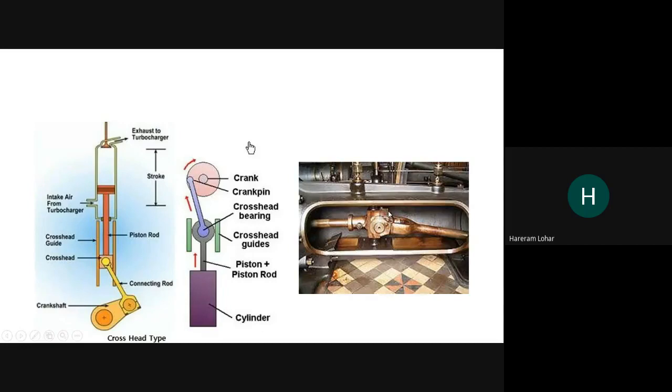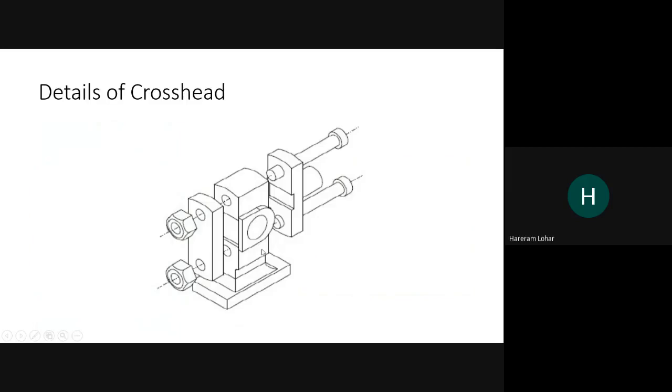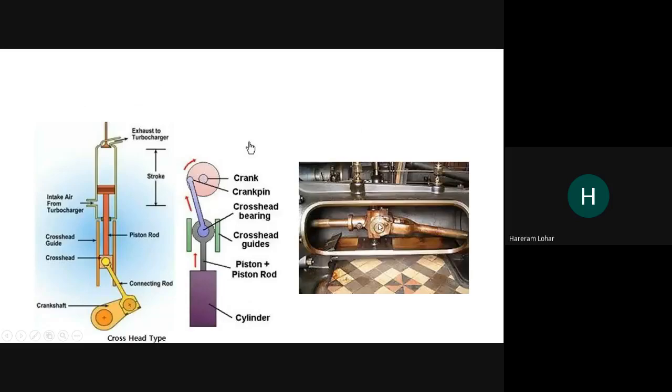These portions will be the crosshead assembly. This side will be the piston end, and this side will be the connecting rod end. So this one will be the brass. Of course one hole will be there. Inside that hole, one rod will be inserted, and the connecting rod end will be attached.